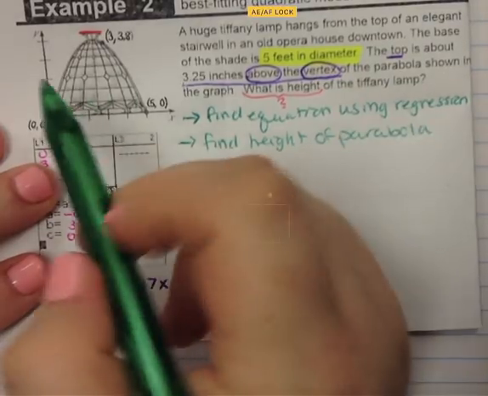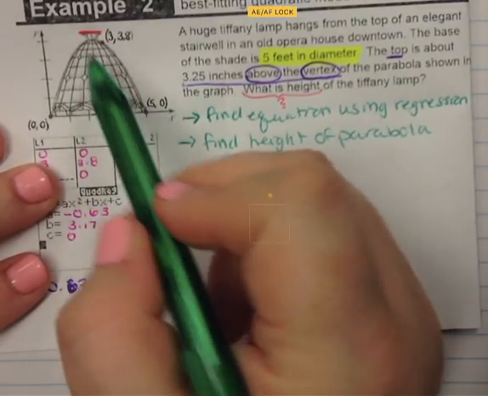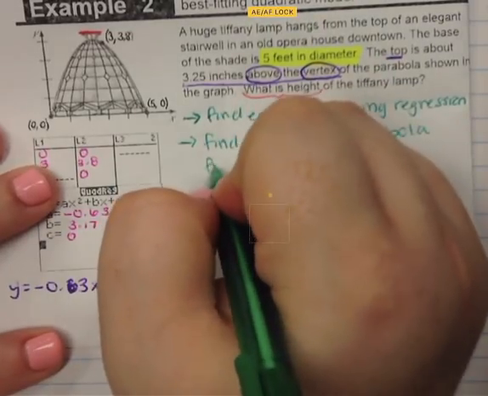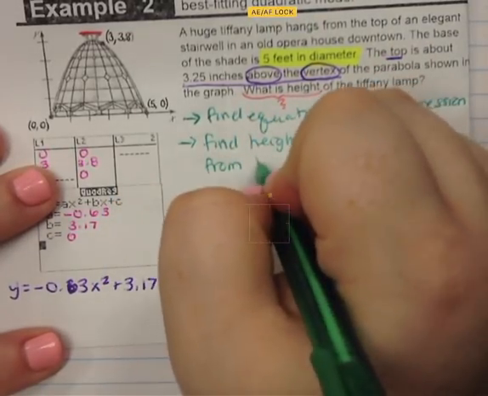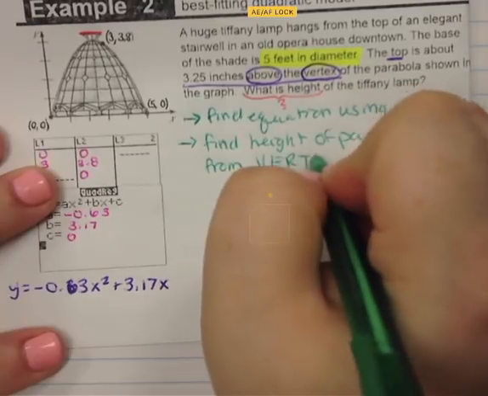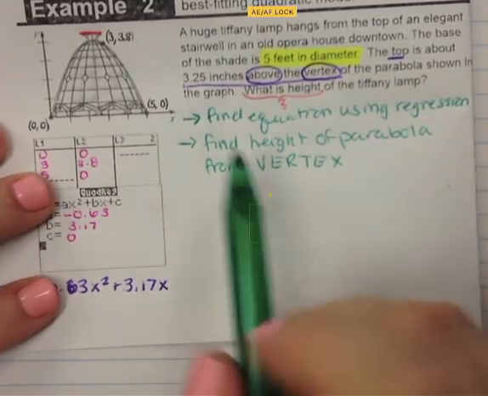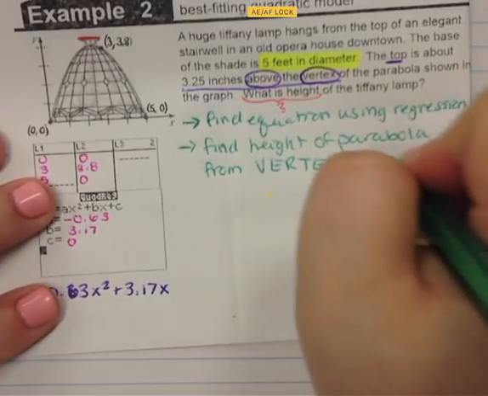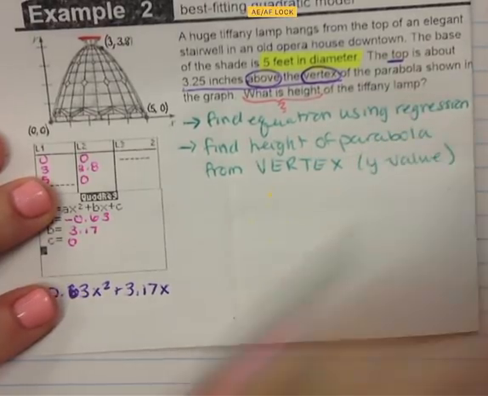Because we have the parabola itself, and we can find the height of the parabola from the vertex, which, if we remember, the height is going to be our y values. So it's the y value of our vertex.